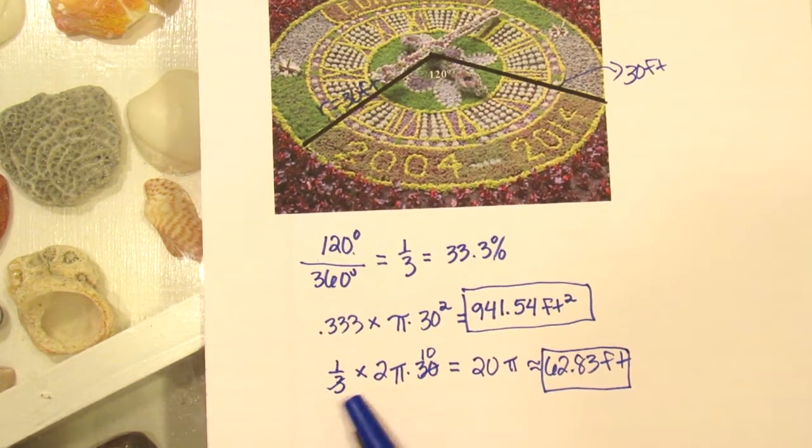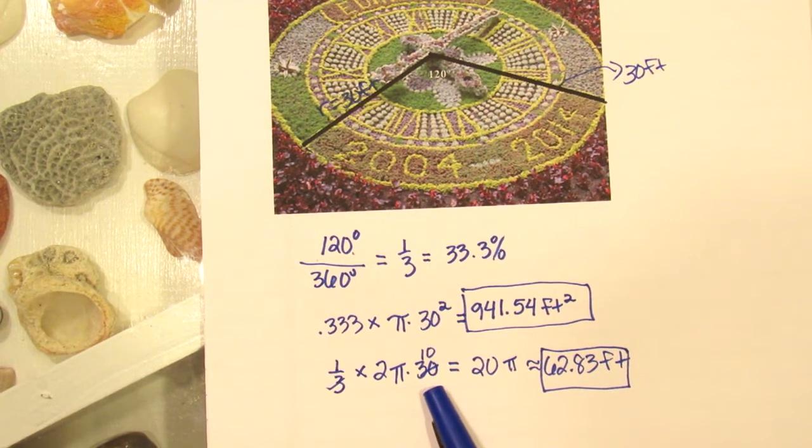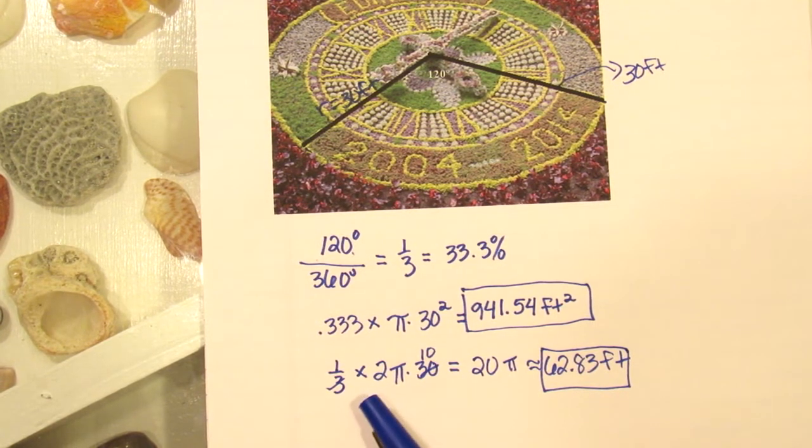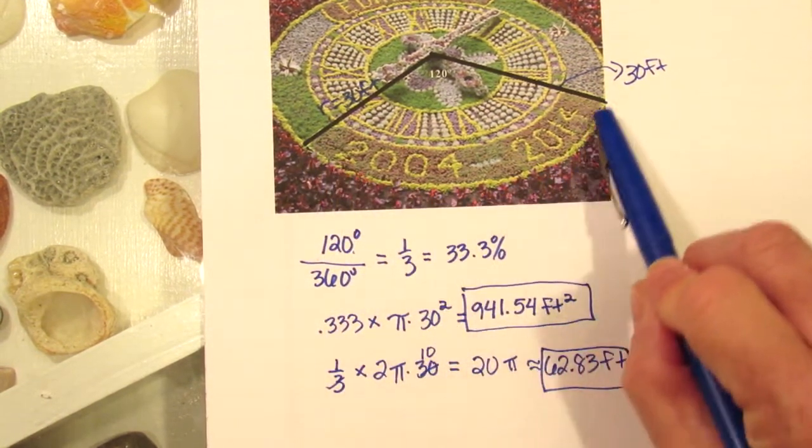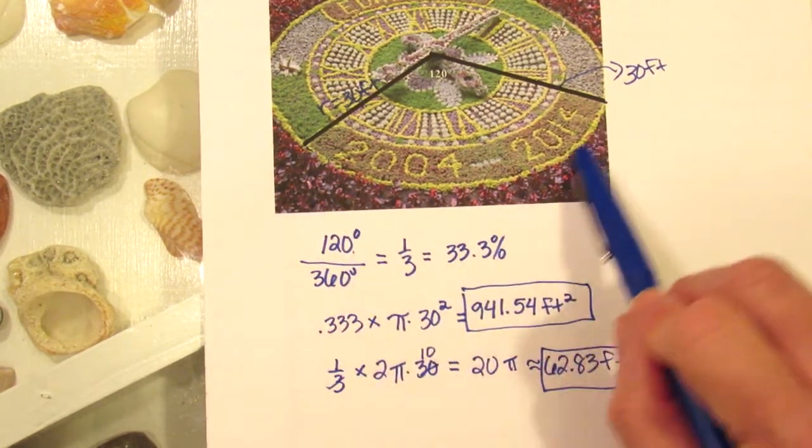So 1/3 of the circumference of the circle, so 2 pi r, the radius is 30. And notice here 3 will divide into 30, giving me 10. So I get 2 times pi times 10, or 20 pi. So 62.83 feet of little yellow coleus plants would be needed to cover that whole section.